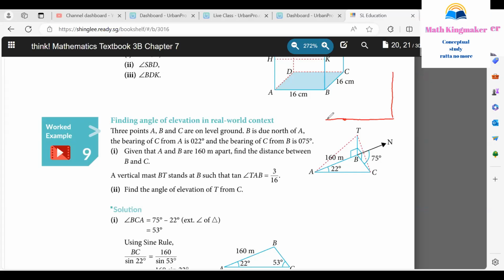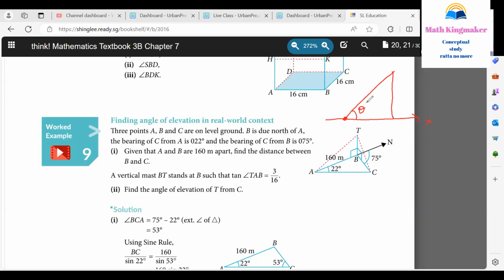This is called the horizon plane, horizon. So if you are here and you're looking at the top of the building, whatever angle you are making with the horizon, this angle would be the angle of elevation.